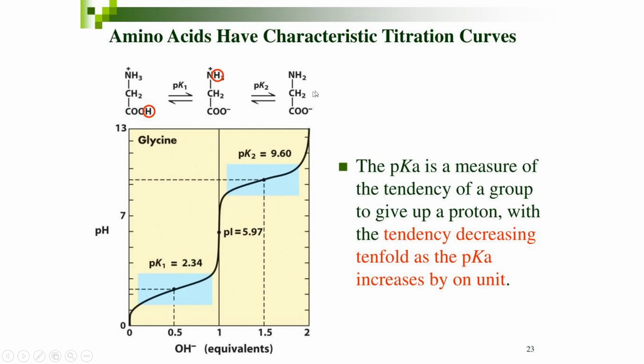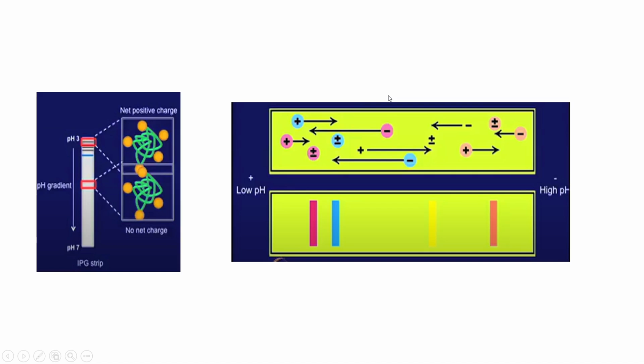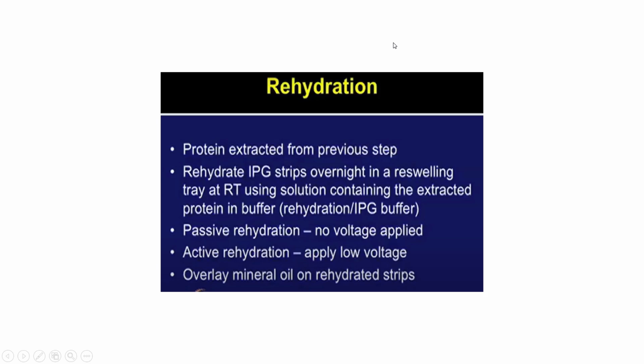At higher pH, there is a higher number of OH minus ions and no excess H plus in the basic pH, and because of that it becomes negatively charged. This is how the separation happens. It moves continuously until it reaches its isoelectric point, where it stops.